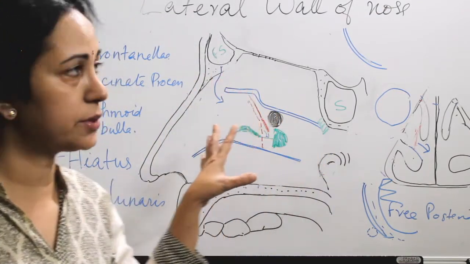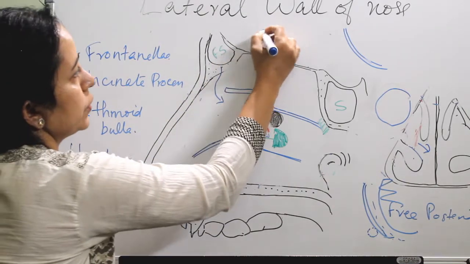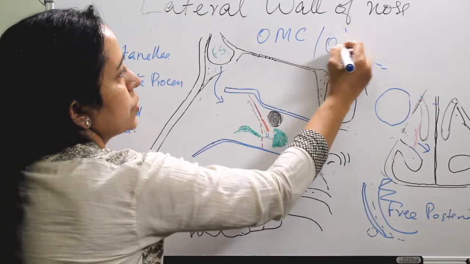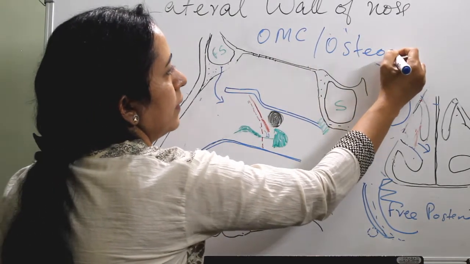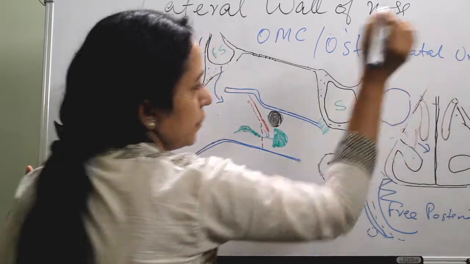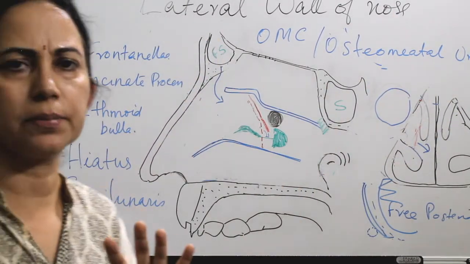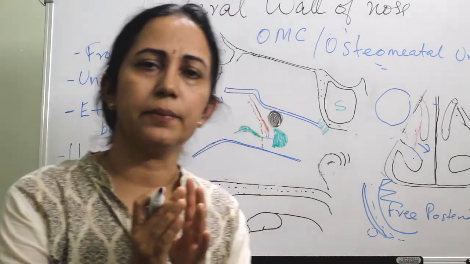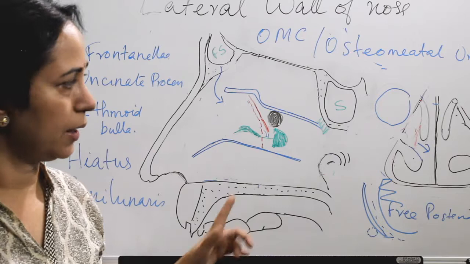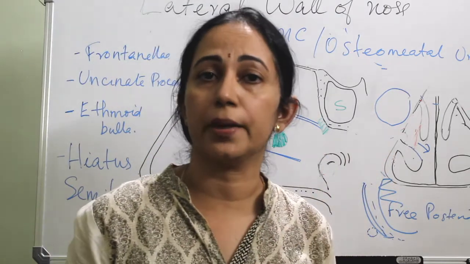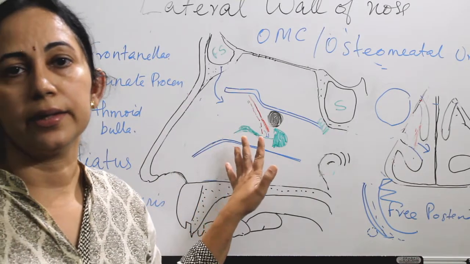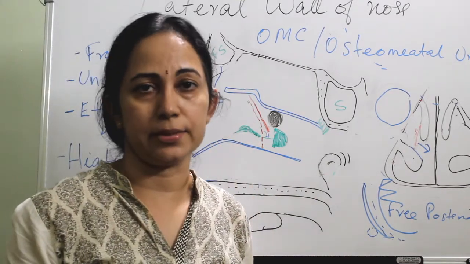Another terminology is the osteomeatal unit or osteomeatal complex. It is very simple: it is an area in the middle meatus. This terminology was coined by Naumann, and this is the key area in functional endoscopic sinus surgery.